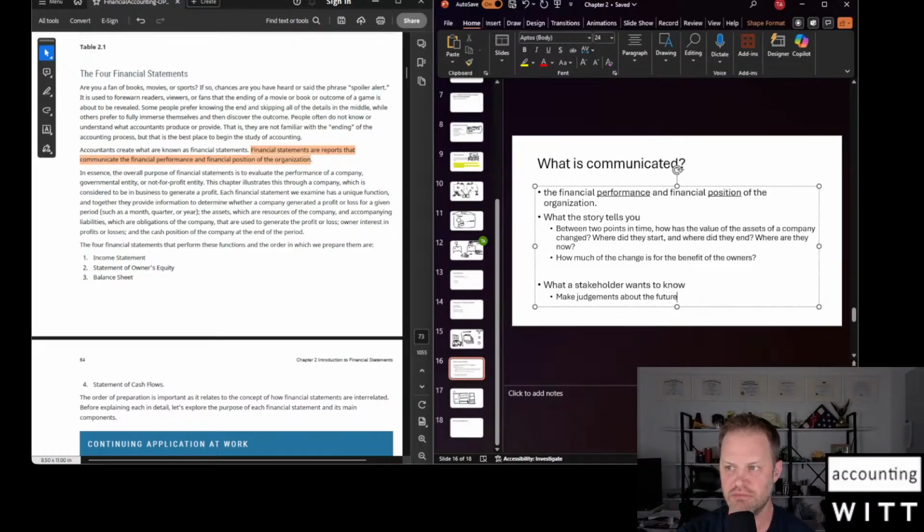I think that's really it, is financial statements communicate to stakeholders the financial performance and position. What that means is, here's my position, and what that's saying is what the value of my assets are. And then over the last period, I'm going to try something new real quick.